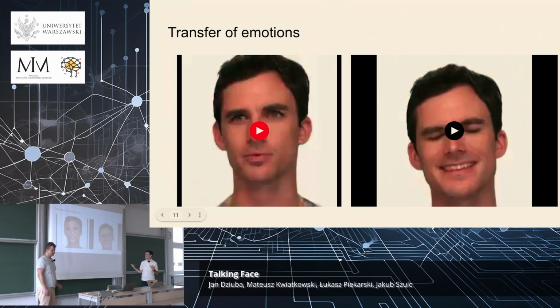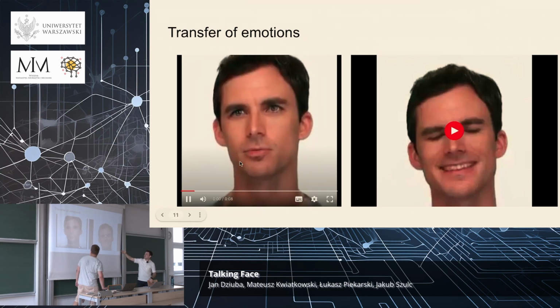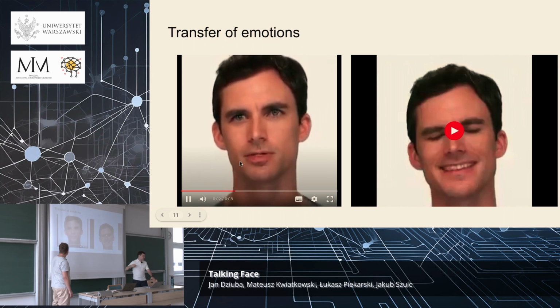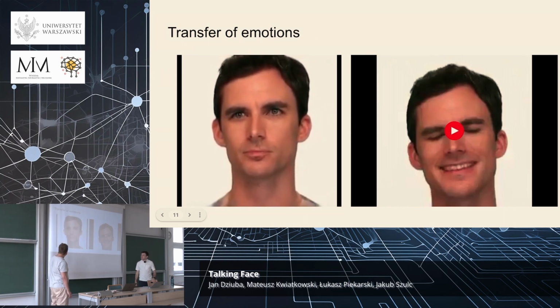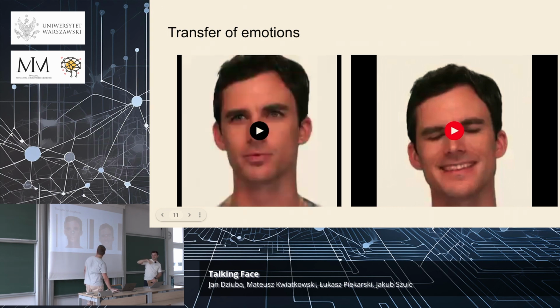You can see that it looks pretty scary, but it somehow works, because here the face is always smiling, and here with closed eyes, and here we have opened eyes and closed mouth. Sorry, it's not the original, right? This is the original. We've subtracted betas, so those are the opposites.